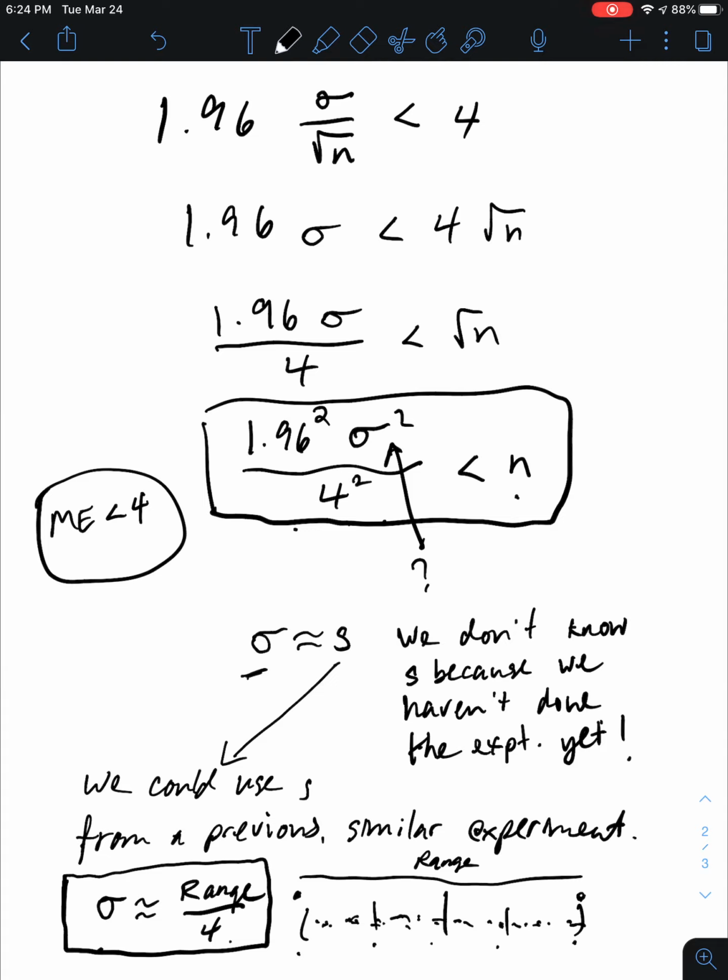You need some measurements available, either a previous experiment in which you have an old s available, or at least some measurements that you've seen in order to calculate the range, and then divide that by 4 to calculate sigma. This is problematic, but we'll do the best that we can under the circumstances and figure out a good approximation to sigma, and that'll help get us started on our way toward experimental design.